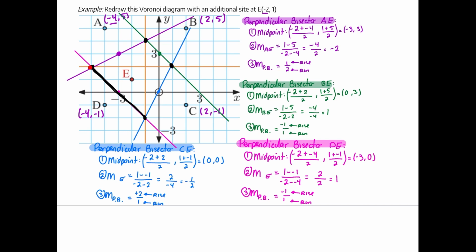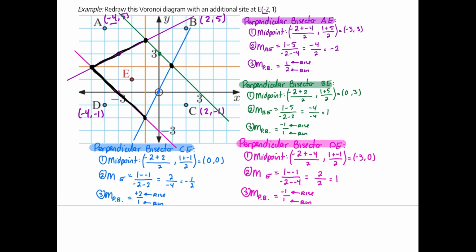From here, I have to ask myself, do I want to continue towards the right, towards up, or towards the left? And again, I'm trying to enclose E all by itself. So I'm going to choose the edge that is the closest to E. In this case, that would be the purple line.